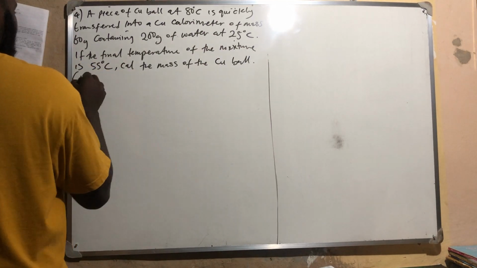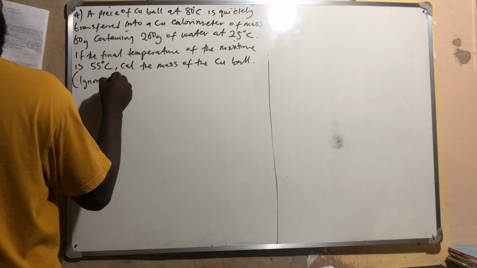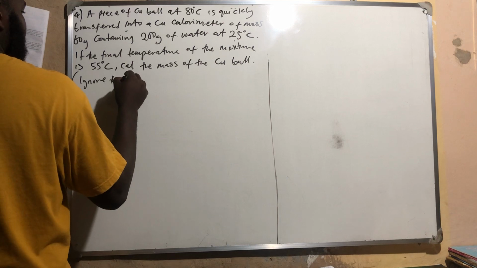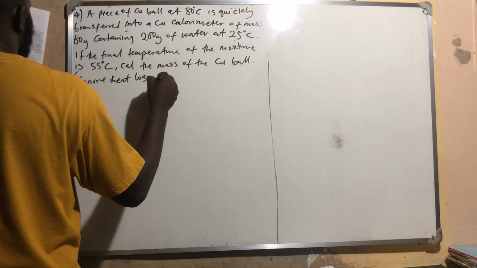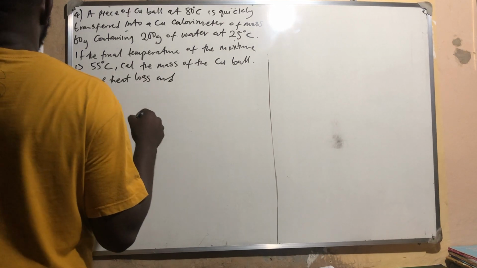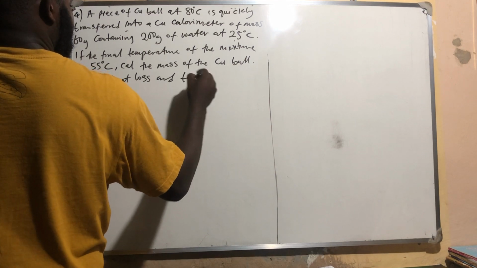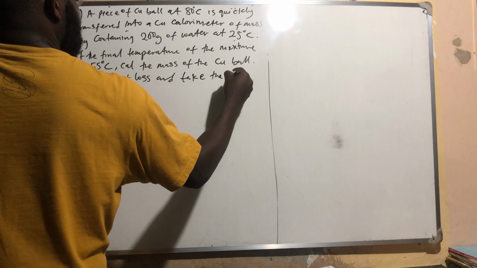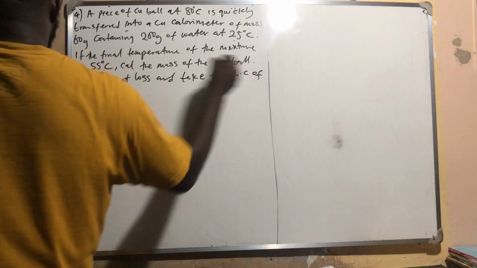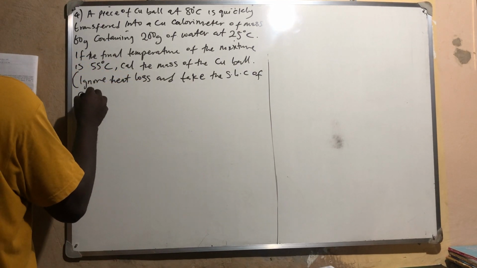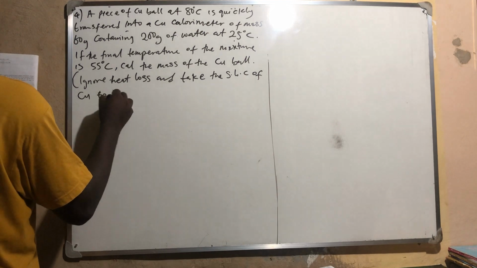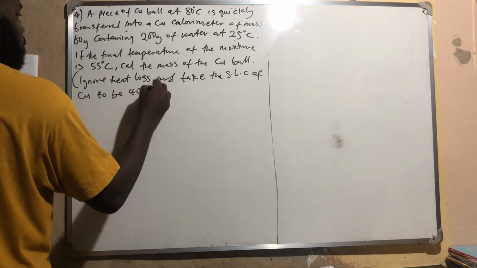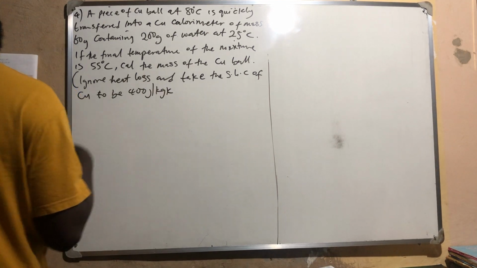Ignore heat loss and take the specific heat capacity of copper to be 400 joule per kg per Kelvin.